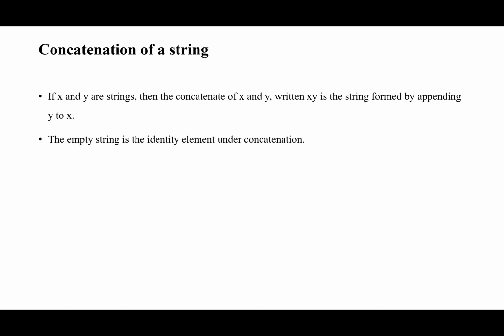For example, if x is equal to dog and y is equal to house, then xy is equal to doghouse. Then the empty string is the identity element under concatenation. That is, for a string s, epsilon s is equal to s epsilon, which is equal to s. So it is the identity element under concatenation.